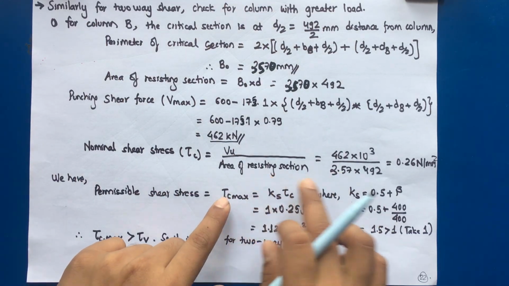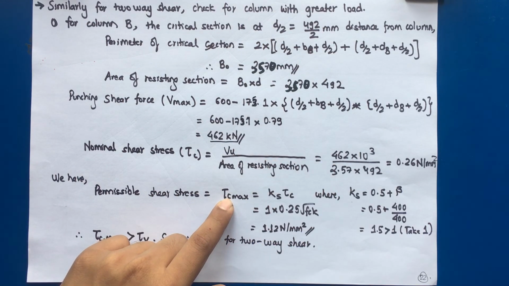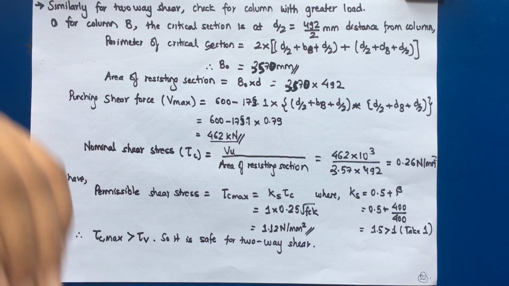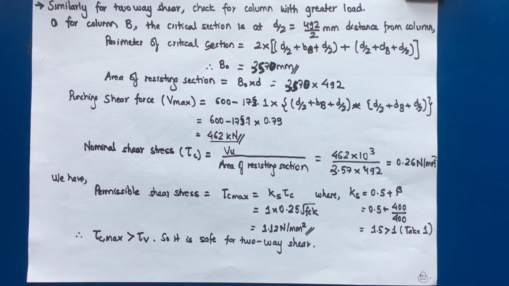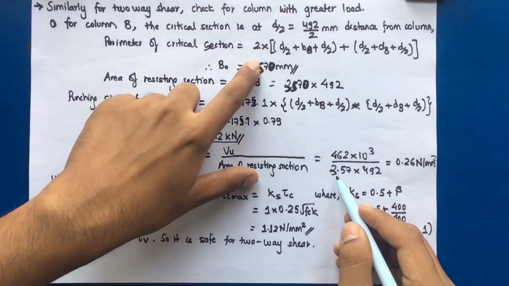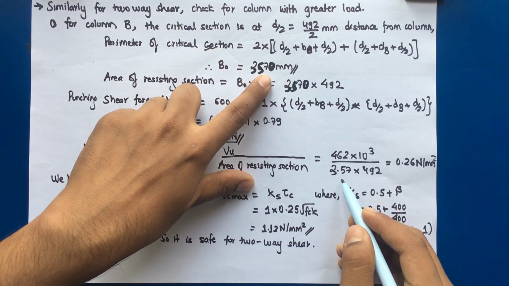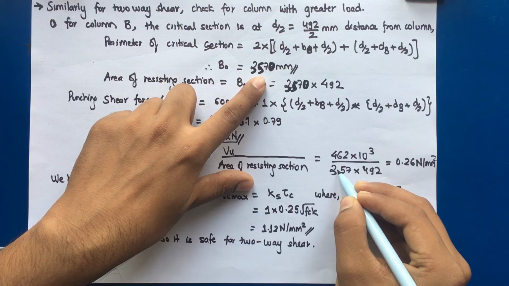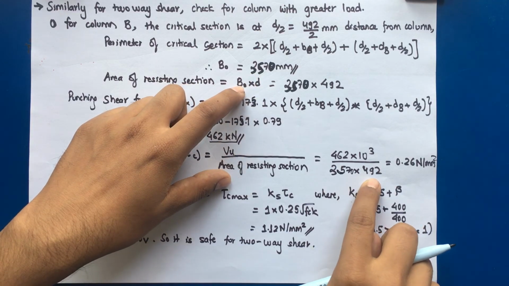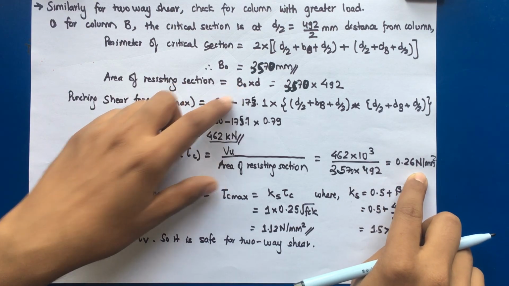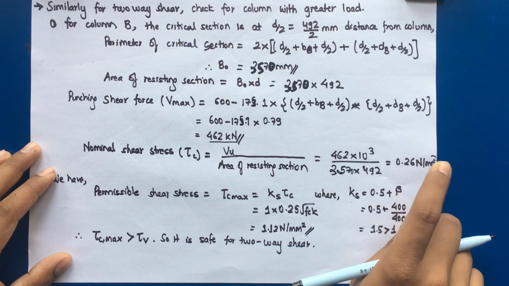We substituted the value as B into d, where B was the width of the footing. So the width of the footing was responsible for one-way shear, but for two-way shear, the perimeter, or we can say the tributary area, is responsible for resisting the two-way shear. So for now 3.57 converting this into 3570, 3570 into 492, so this comes at 0.26 Newton per mm square.